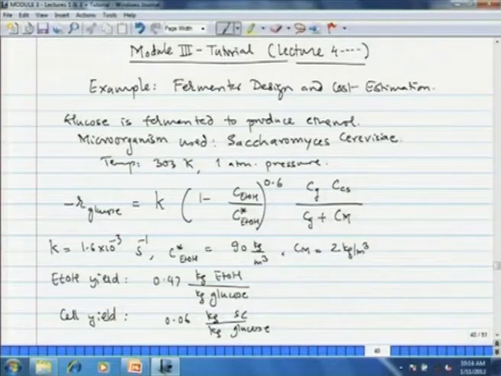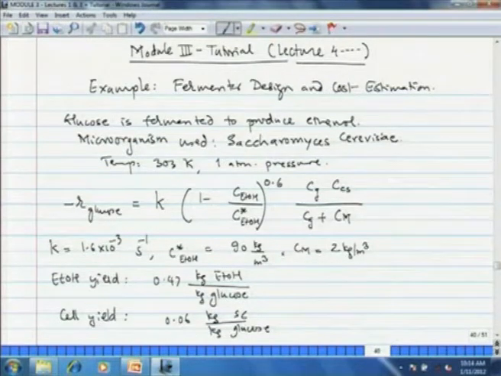And then we have a simple Monod kinetics: k into (1 minus C ethanol by C star ethanol) raised to 0.6 into Cg, the concentration of glucose, into Ccs, the concentration of bacteria, divided by Cg plus Cm. Cm is the Michaelis-Menten constant.